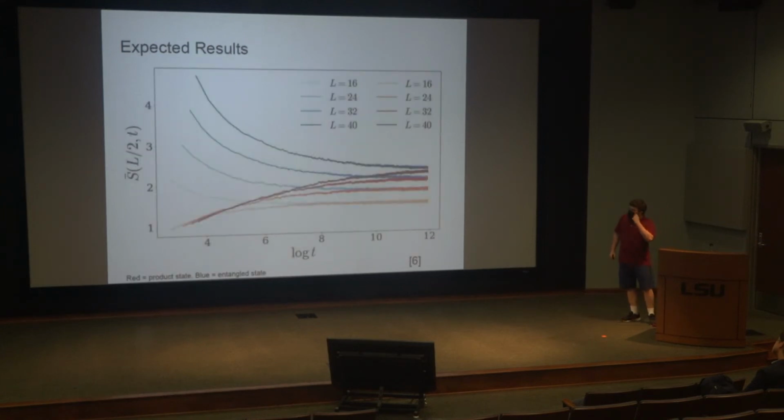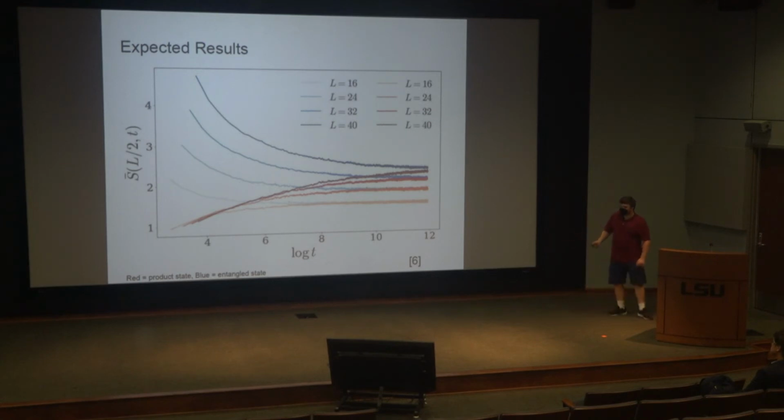At this moment, we have not gotten all the data yet, but what's expected to occur is this. This is a graph of the Hartley entanglement entropy growth for systems of sizes 16, 24, 32, and 40, and this is how they grow over time. Notice there's two different colored lines, the red lines and the blue lines.